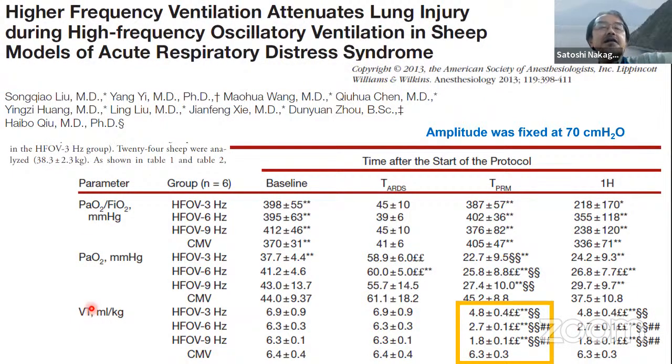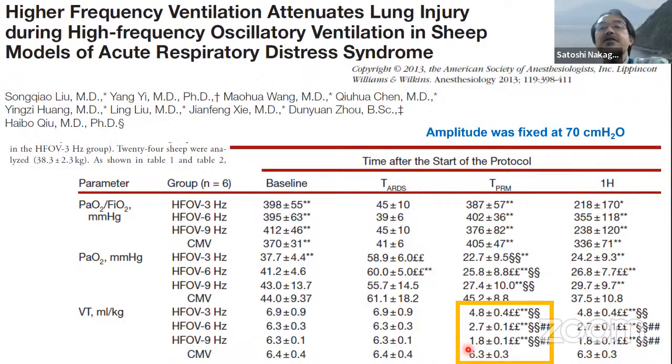And they tried the high-frequency oscillation at 3 different frequencies, 3 hertz, 6 hertz, and 9 hertz, compared with the conventional mechanical ventilation. In the conventional mechanical ventilation, they did lung protective mechanical ventilation.